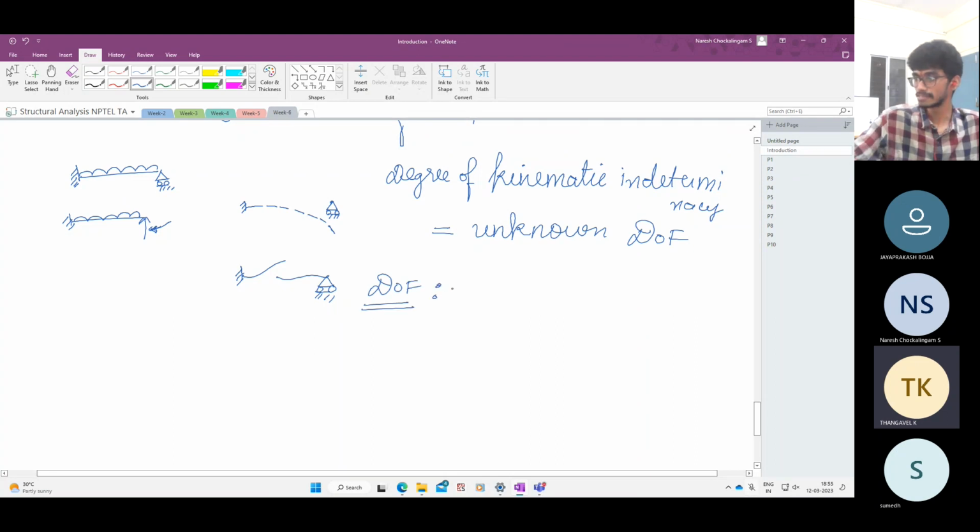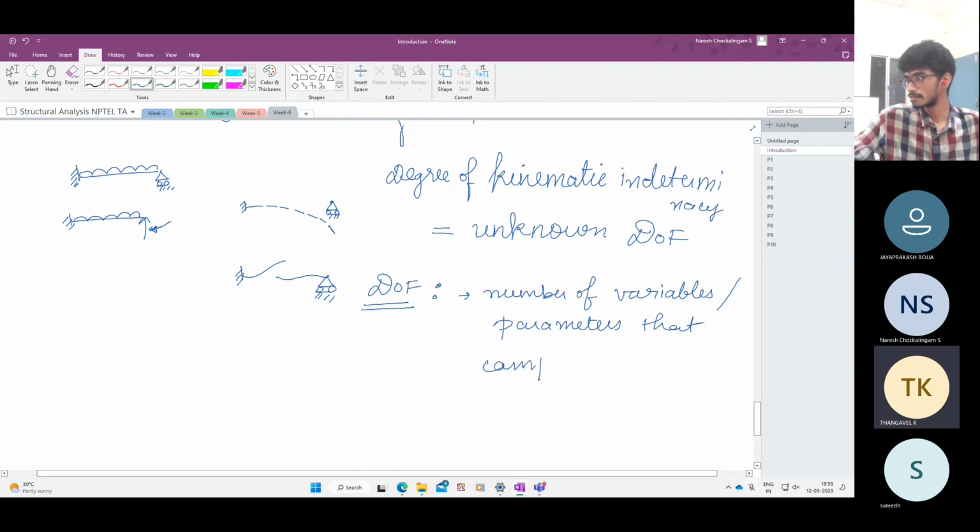Degrees of freedom of a structure are the number of variables or parameters that can completely specify the configuration of the structure.